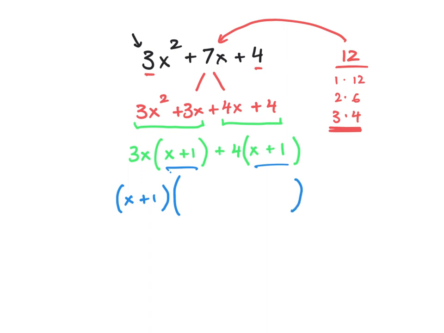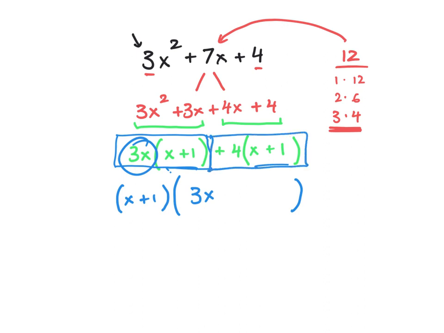If I remove the factor of x plus 1 from 3x times x plus 1, we get just this part left over. And if I do the same thing with these two terms, remove the x plus 1, what's left over is just the plus 4.